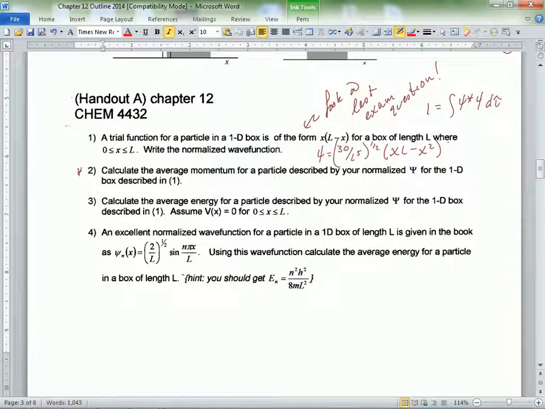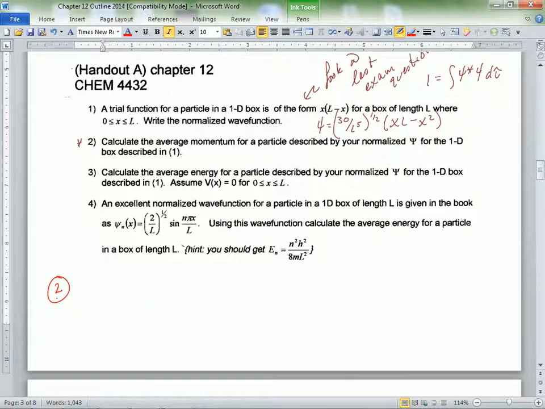So we're doing number 2 down here. Average momentum. Now, do we still have to do 1 over again? Well, you're going to have to do it, yeah. You've got to show your work. So average anything with that observable, right?